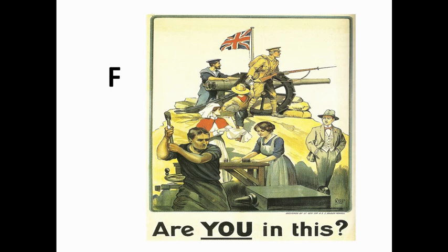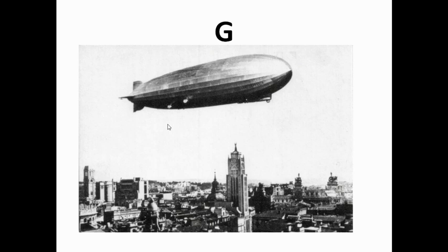Source F. Okay, and this is the last one. Source G. Again, remember this is World War One, and that, just so you know, is a German Zeppelin, an airship.